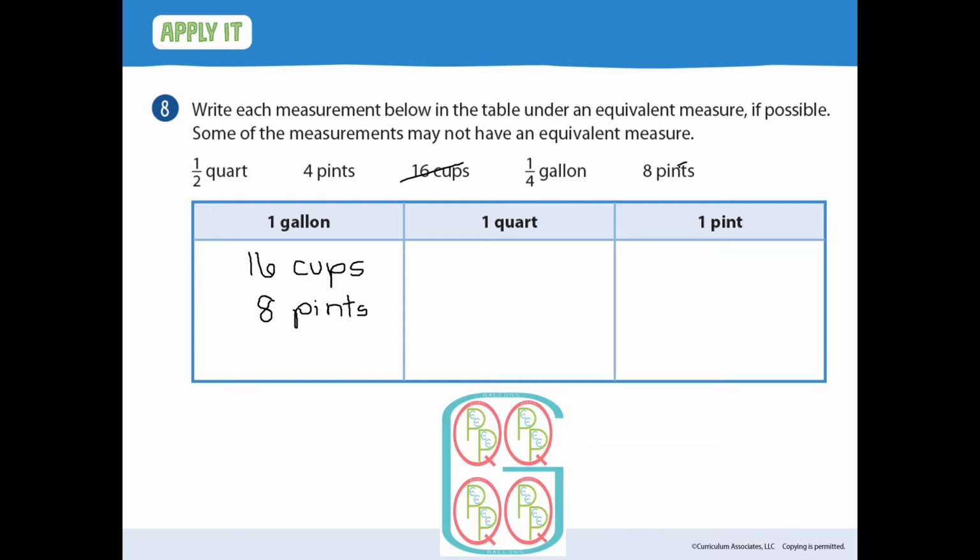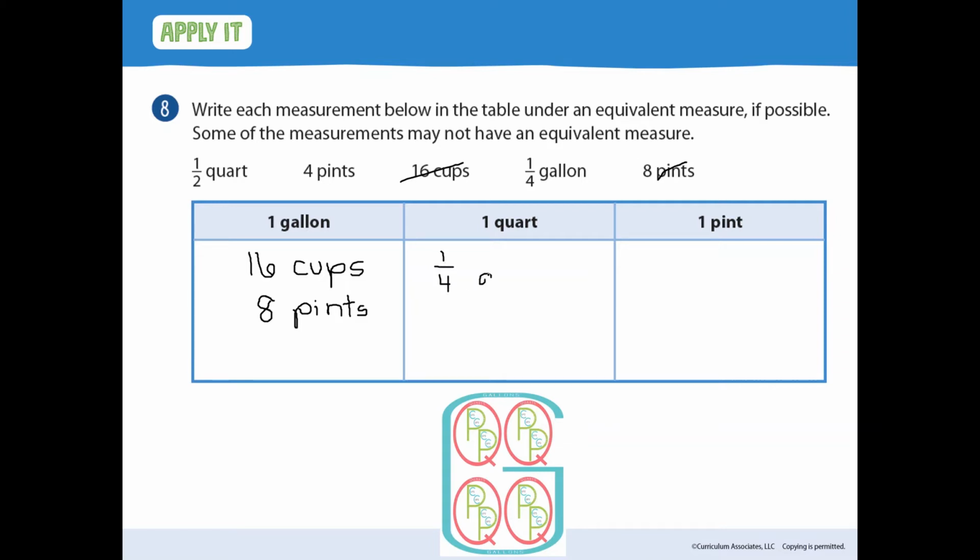Okay. All right, 1 quart, we're looking at just one of these Q's now. 1 quart is not 1/2 quart. How about 4 pints? 1 quart has 2 pints, so not that one. 1 quart being 1/4 of a gallon. Yep, there's 4 quarts in a gallon, so 1 quart is 1/4 of a gallon.